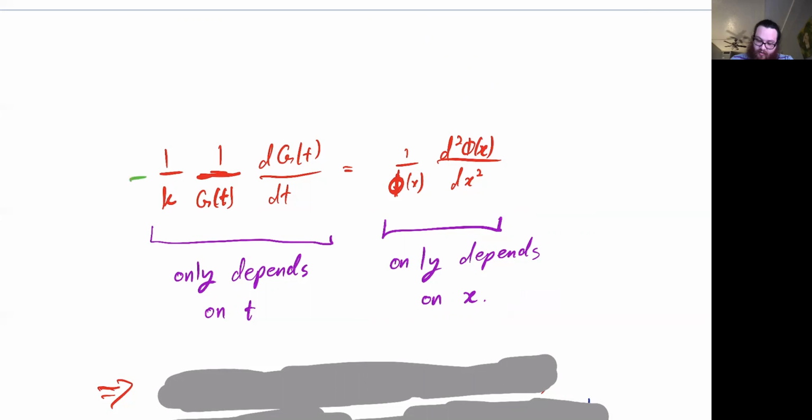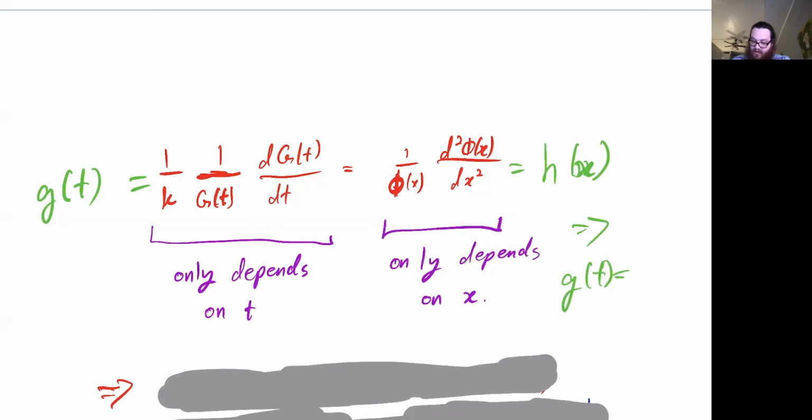So maybe this thing right here is equal to g of t. This thing right here is equal to, I don't know, h of x, okay? But we get that this thing g of t is equal to h of x, okay?